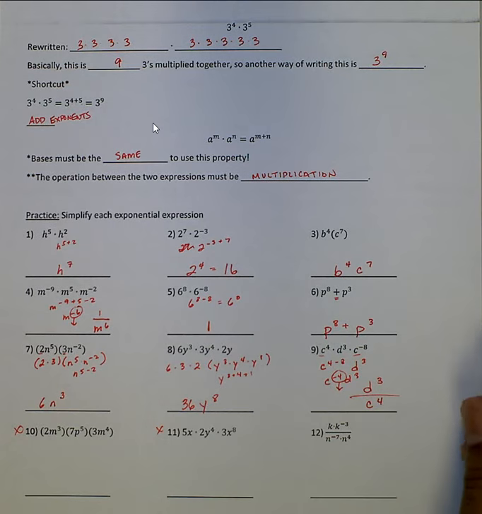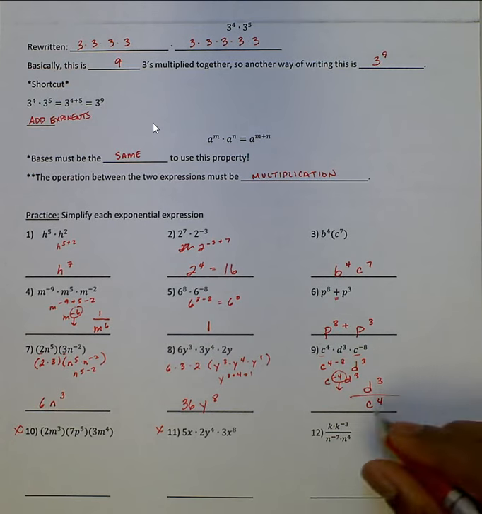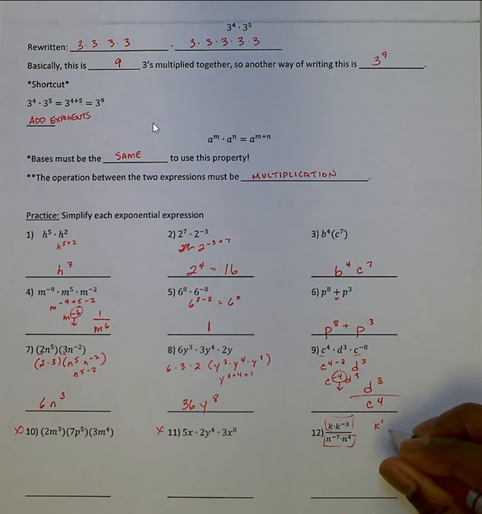Number 12, I'm doing this just because it's a fraction and I think it's the only one that we see here. I'm going to handle the numerator and the denominator. Notice that in the numerator they're both k's, so k times k to the negative 3rd. Remember, that's k to the 1st times k to the negative 3rd, so I'm going to subtract 3.